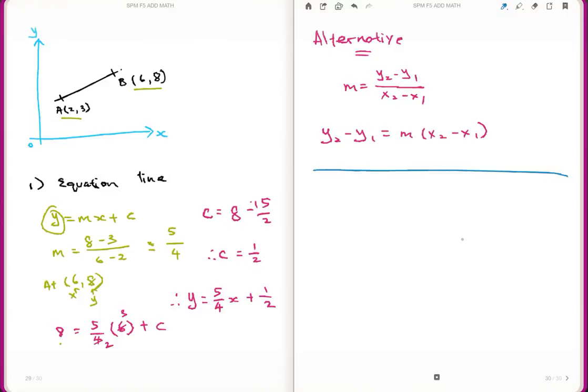Next, what we're going to do is to find how to convert a non-linear into a linear equation.